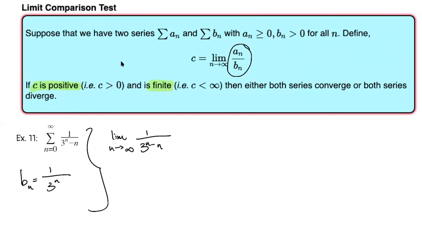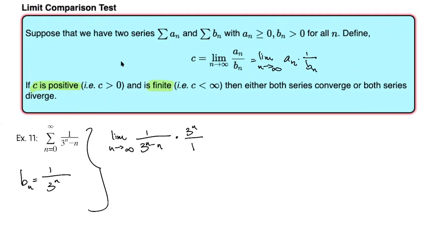Now, divided by b sub n really means times the reciprocal of b sub n. So sometimes instead of writing it the way that this formula does, I write it like this: the limit as n approaches infinity of a sub n times 1 over b sub n. Okay.